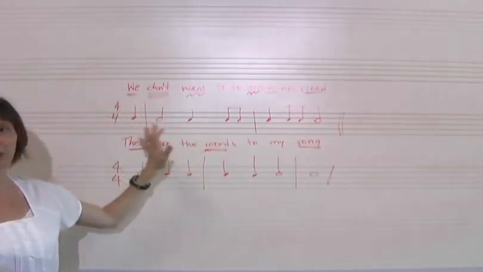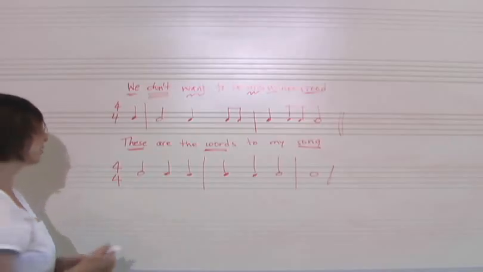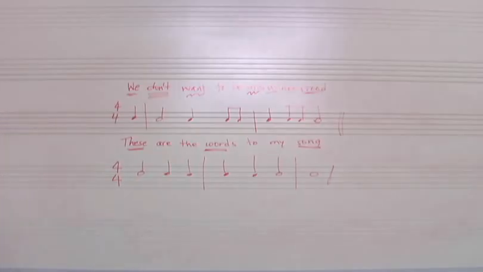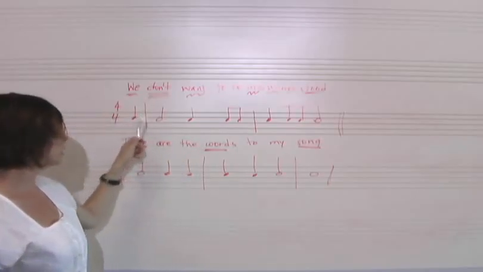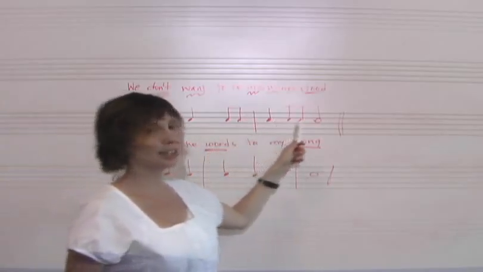Let's try setting it badly, just as a comparison. What if we did something, let's say it one more time, just to remember what it sounded like. We don't want to be misunderstood.